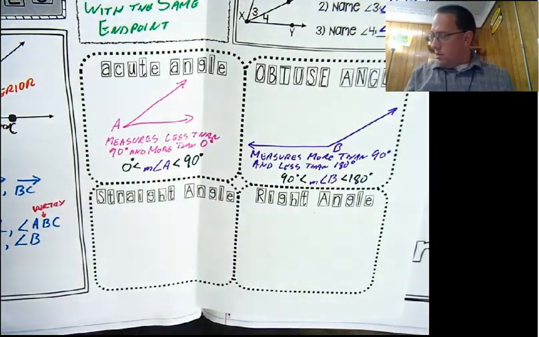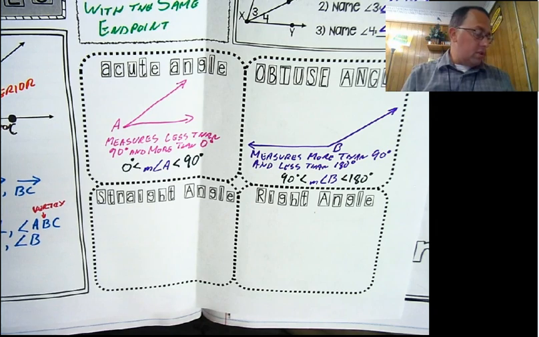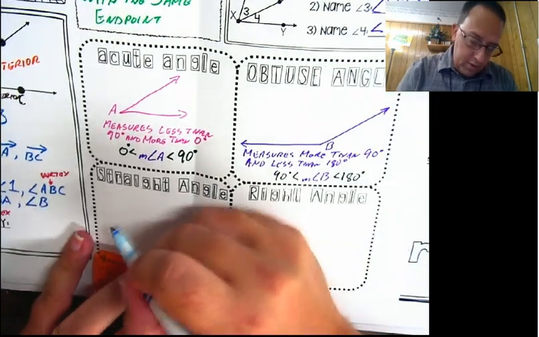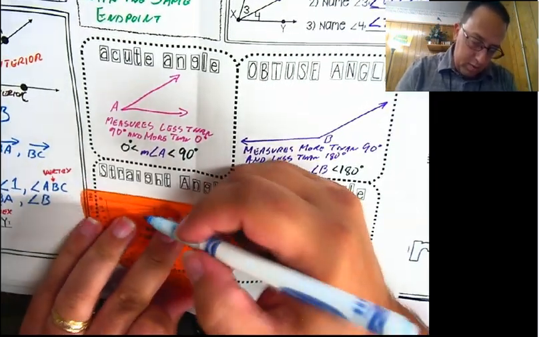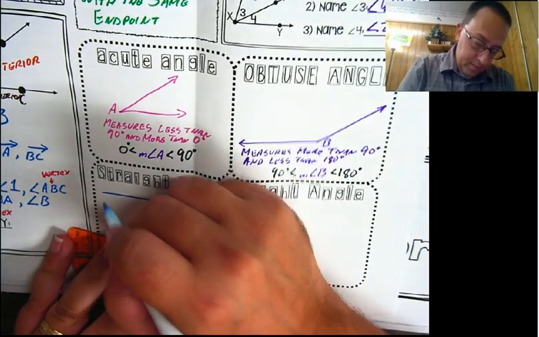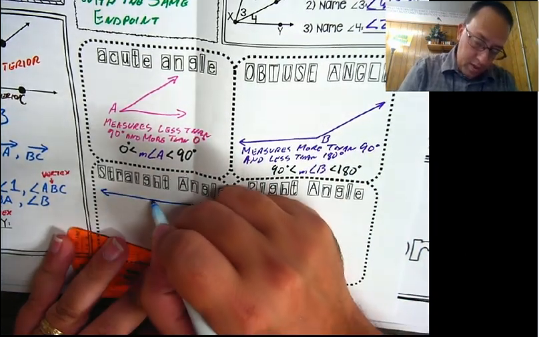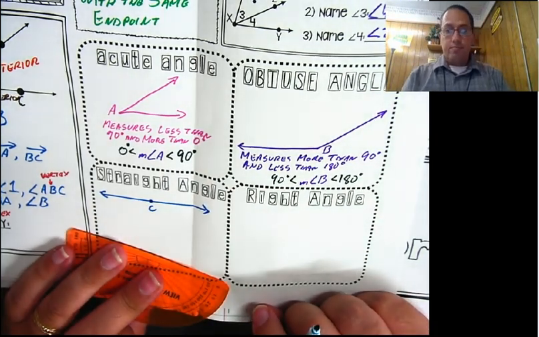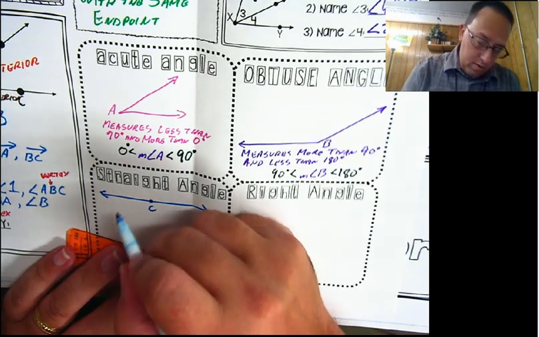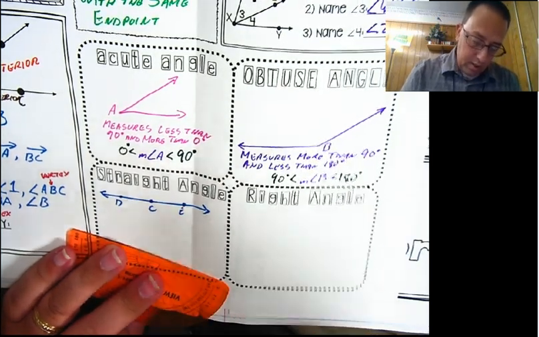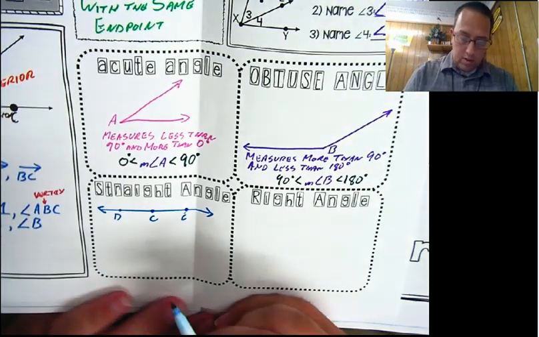And a straight angle, actually I'm going to use a straight edge for this one since it is called a straight angle. That should be appropriate. A straight angle, very simply, is going to be something that looks a lot like this. There it is. Angle C. We'll call this DC. There we go.